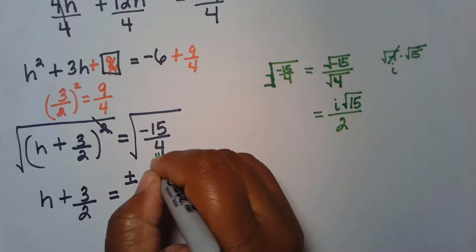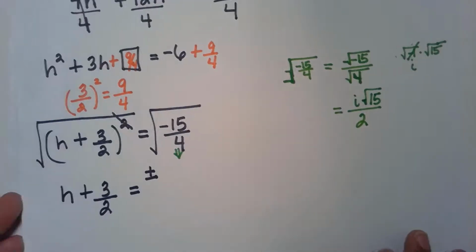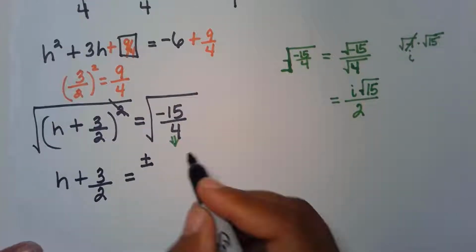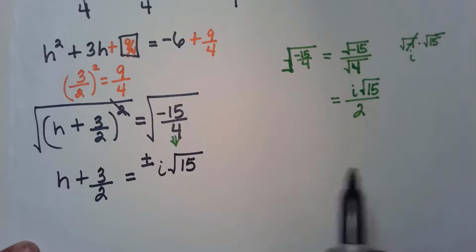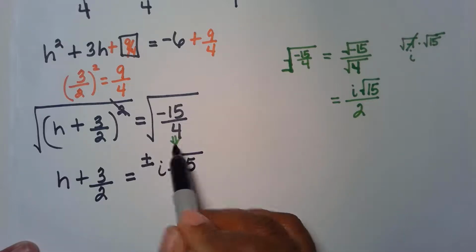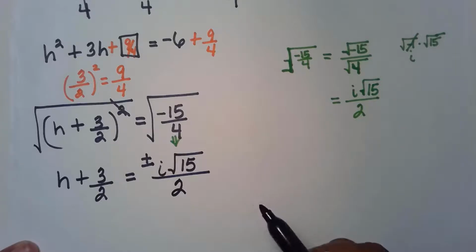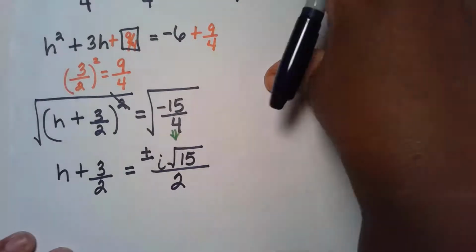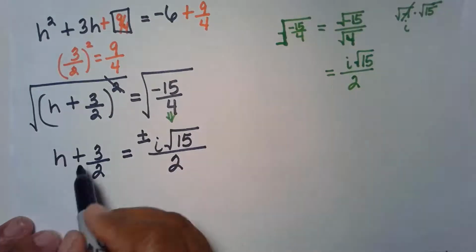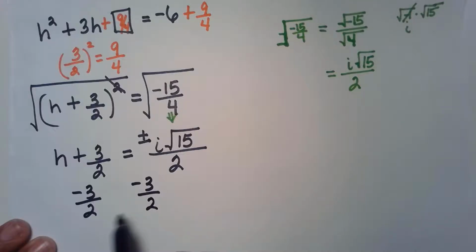So that's what the square root of negative 15 over 4 equals, which is i square root of 15 all over 2. And then solving for h, we're going to subtract 3 over 2 from both sides.